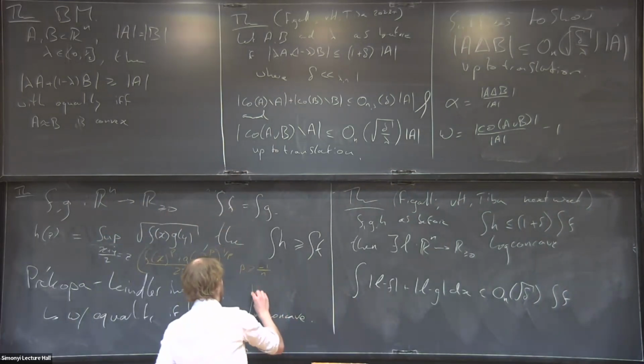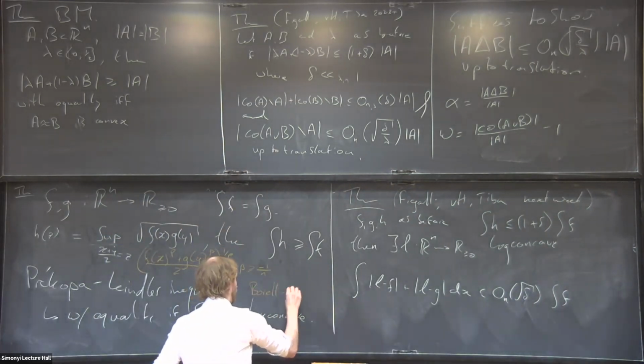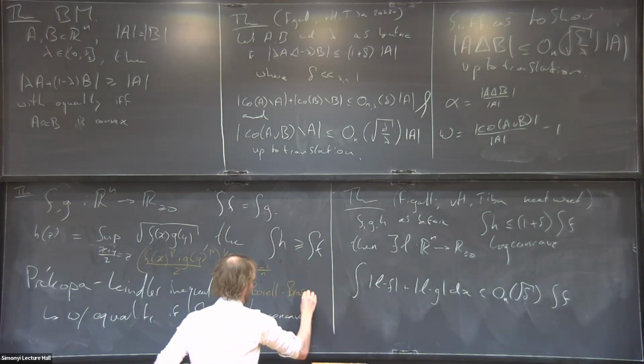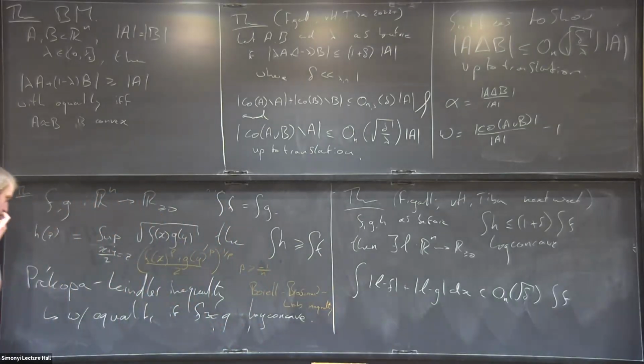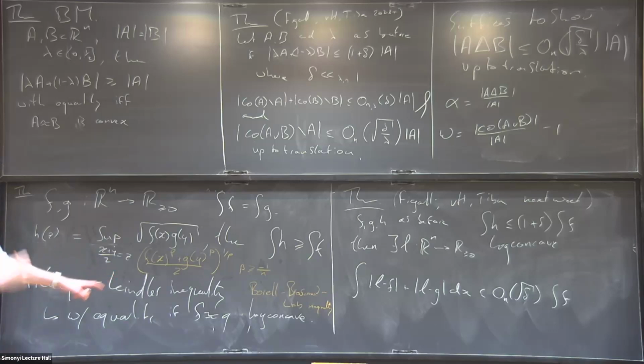And this new bound is called the Brascamp-Lieb inequality. So it's really pushing this object to the limit. And again, you can ask, what does the extremal object look like?